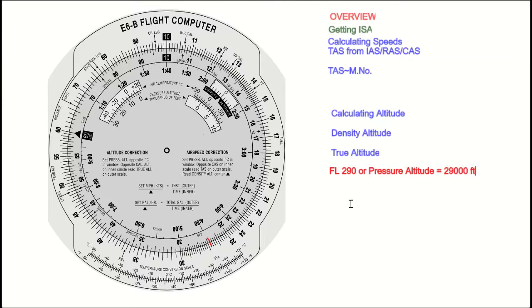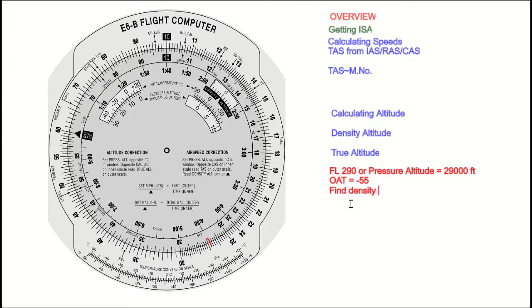Both are the same thing. You need to know the pressure altitude correctly for this. Right, pressure altitude, and temperature is equal to minus 55 degrees Celsius.